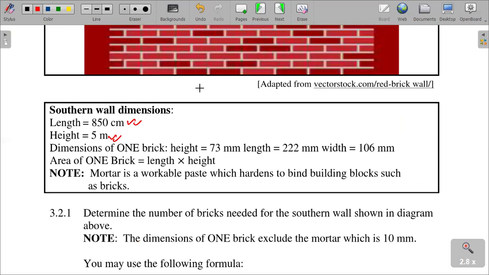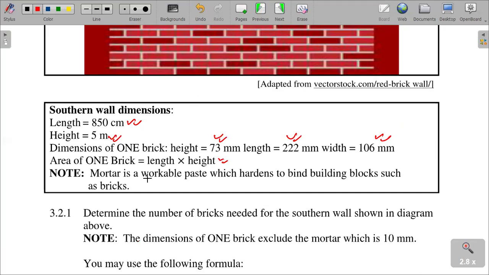Dimension of one brick: height is 73 millimeters, width is given, also the length is given. Area of one brick obviously is length times height, which is also given there.